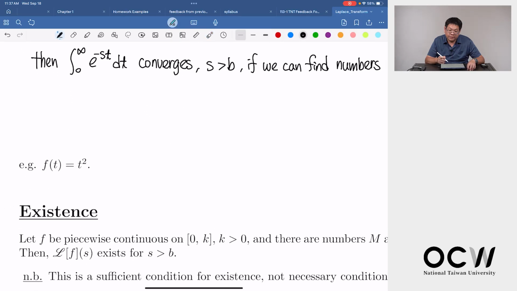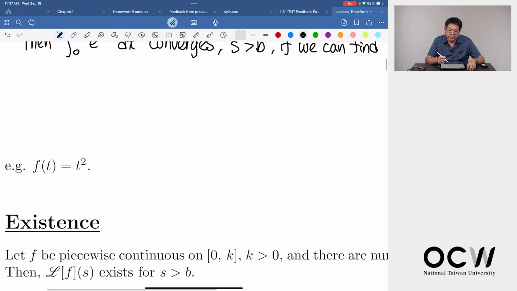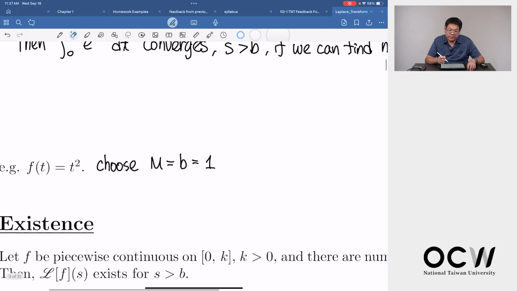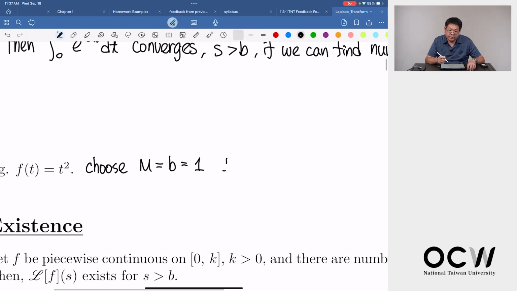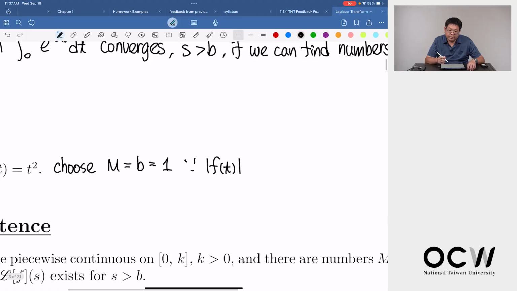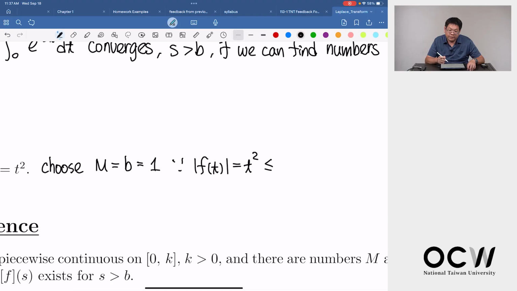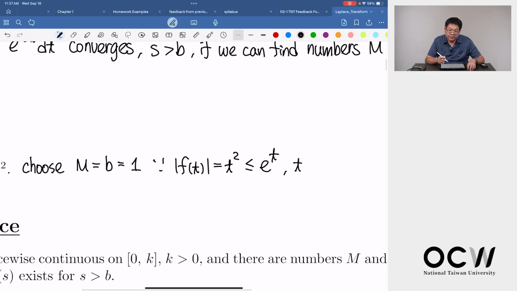So here we can choose M equals b equals 1, because this function is t squared, and that's less than or equal to M equals 1, b equals 1, so e to the t, for t greater than 0.